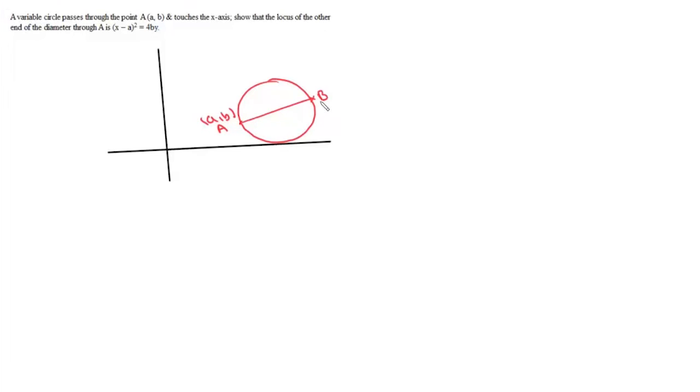Now in locus, the first step is to identify the point. We have to find the locus of this point. So let this point be (alpha, beta), and this is your center, and since it touches the x-axis, that means the perpendicular distance from the center to this x-axis must be equal to its radius.